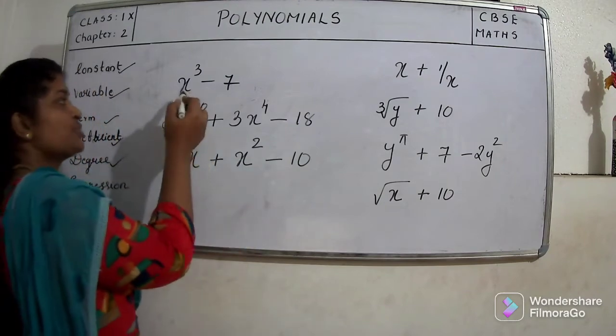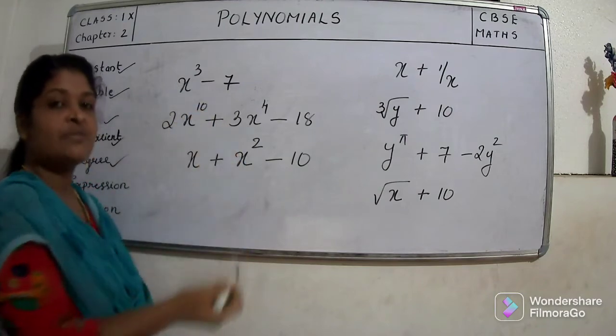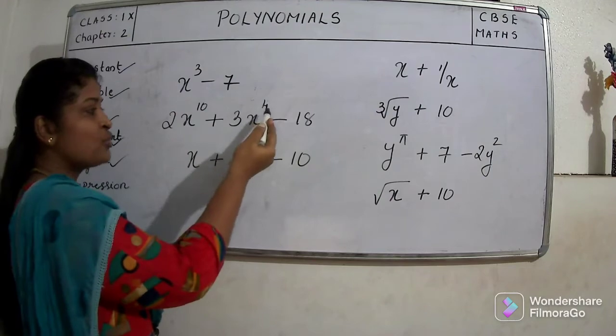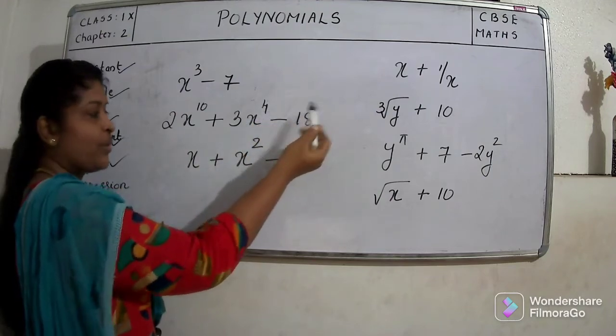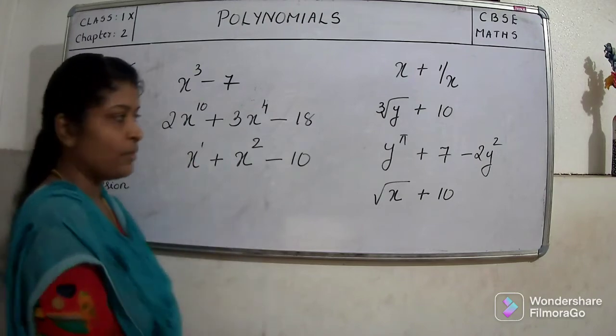In this we just look at what the power is. Power is 3. That 3 belongs to the whole number category. 10 is a whole number, 4 also, 0 is also a whole number, 2 a whole number. Here the power is 1, it is a whole number.